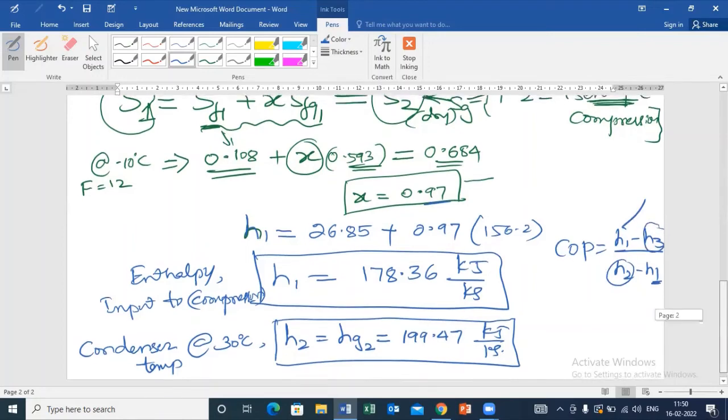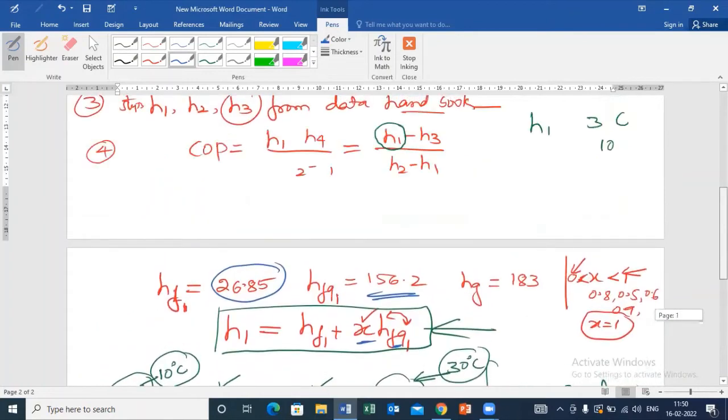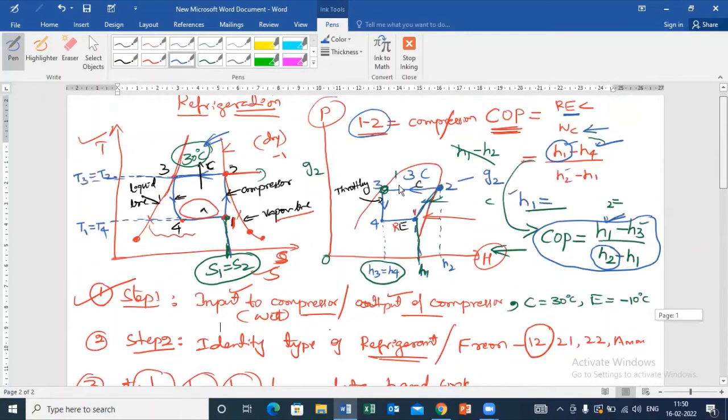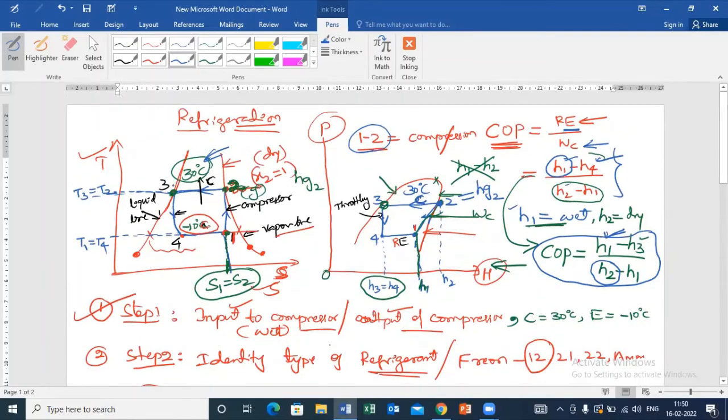Now first identify whether H3 is on the dry line or on the liquid line. Okay, so point number 3 is here. Point number 3 is on the liquid line. Here is the liquid line. So if you are writing any values on the liquid line, directly you can write only the HF value.